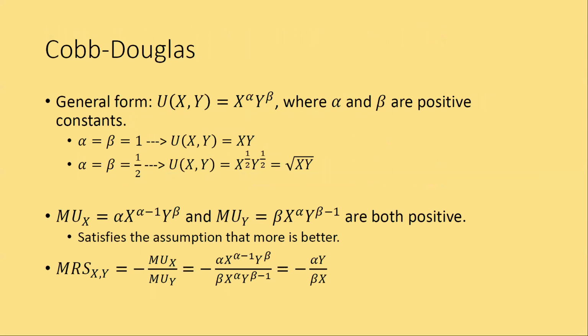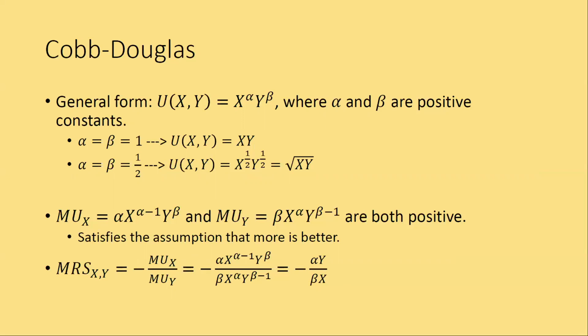The general form of the Cobb-Douglas utility function is u equals x to the power of alpha times y to the power of beta, for some positive constants alpha and beta. When alpha and beta are both 1, u equals x times y. When alpha and beta are both equal to half, u equals the square root of x times y, which was the example we used last time.